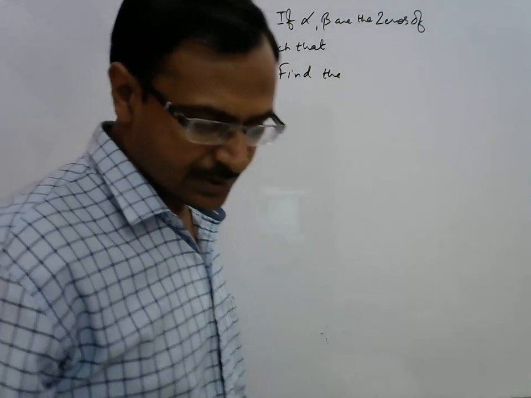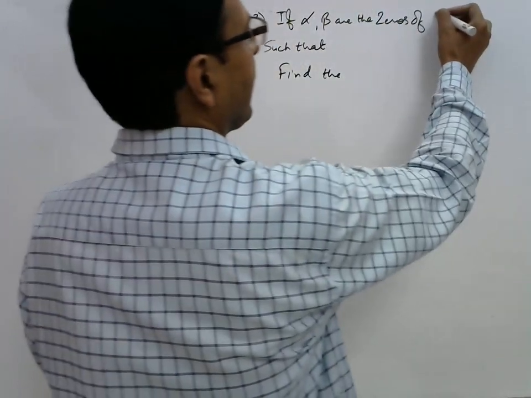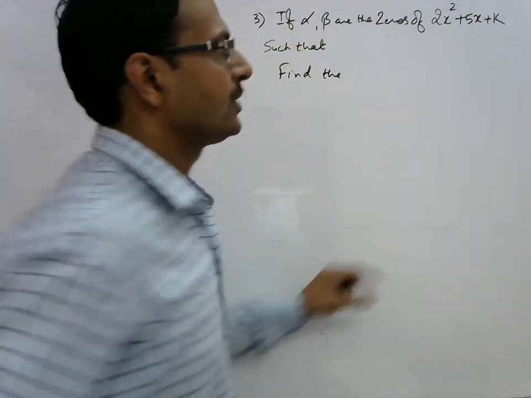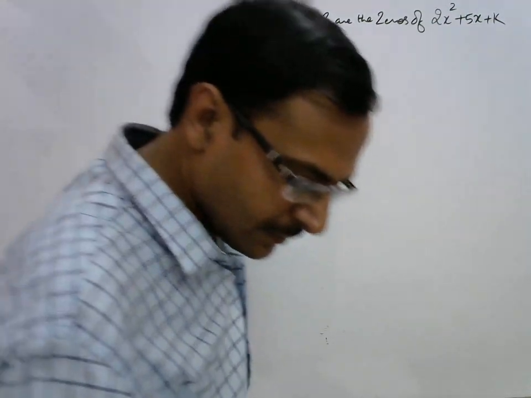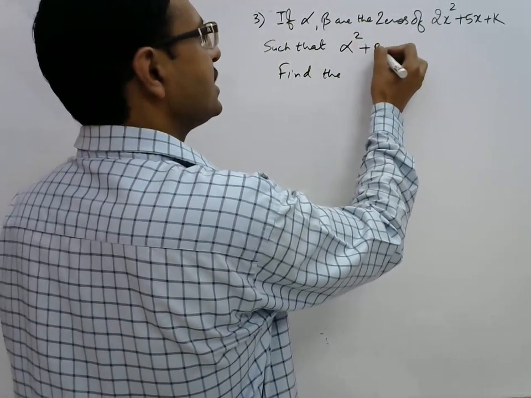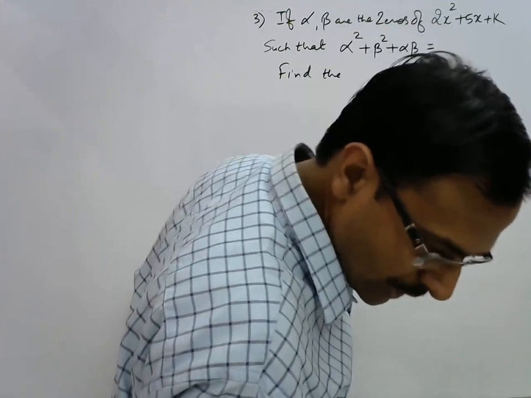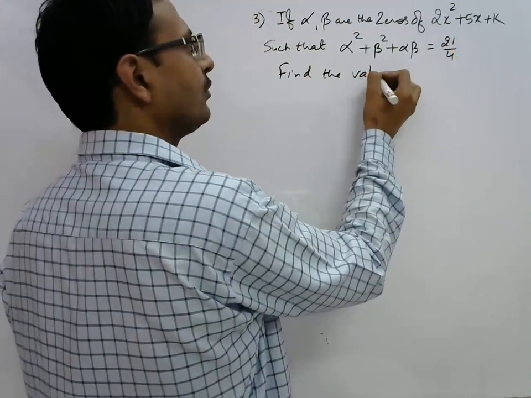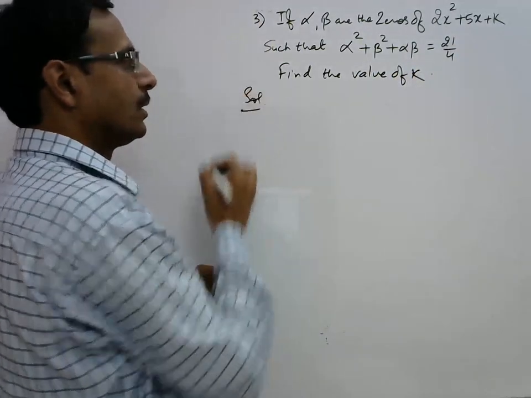If alpha and beta are the zeros of the equation 2x square plus 5x plus k, such that alpha square plus beta square plus alpha beta, the value is given, it is 21 by 4. So you need to find the value of k. So again, a similar type of question.